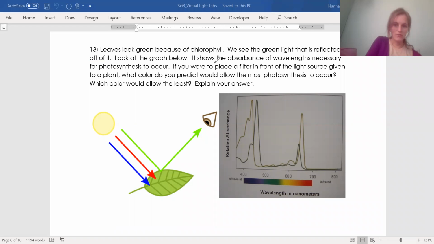If your filter is green, then only green light can come through. So your plant wouldn't get red.